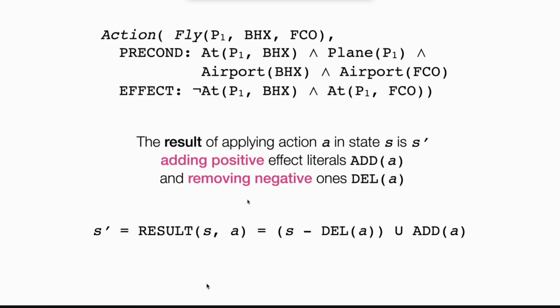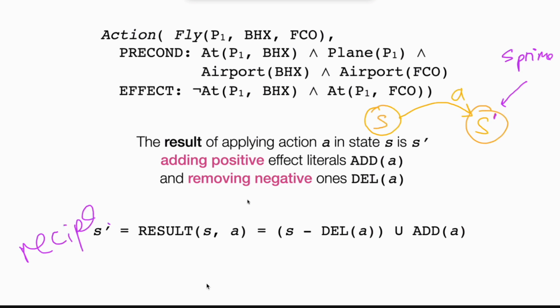So the formula down here is like a recipe for creating S prime. The way it does it is it takes away the delete effects and adds the add effects. If you remember from up here, the delete effects are the negated ones. These are the delete effects.